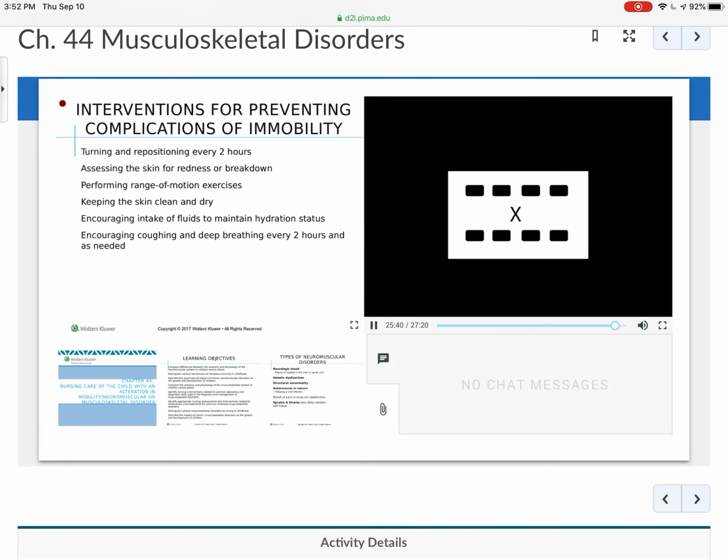So immobility, for anybody who's immobile, you want to check circulation, sensation, pulses, turning them if they are like on a bed traction or something like that, looking at skin redness, range of motion, keeping them clean and dry, lots of fluids, and then coughing and deep breathing.